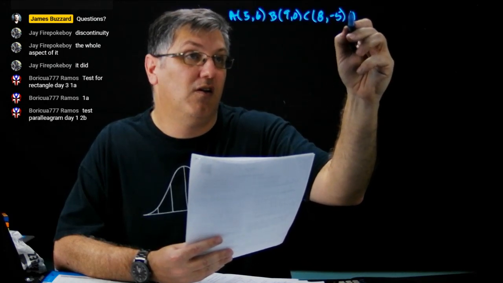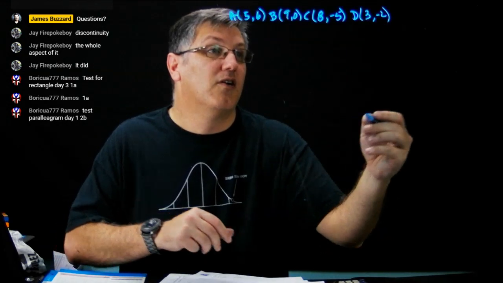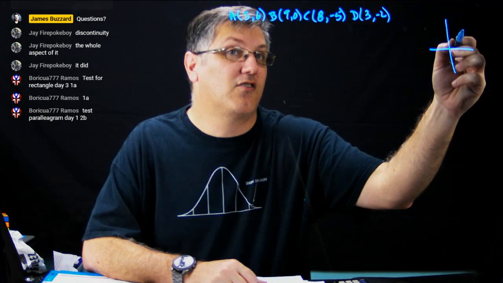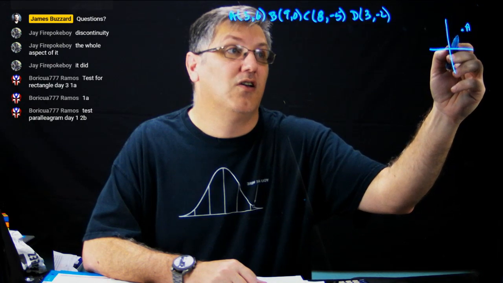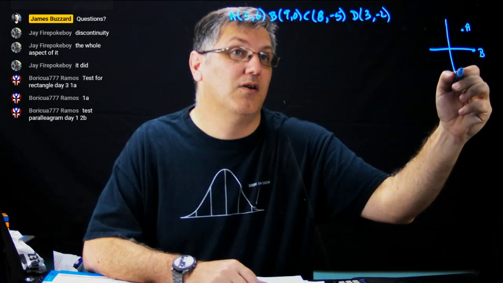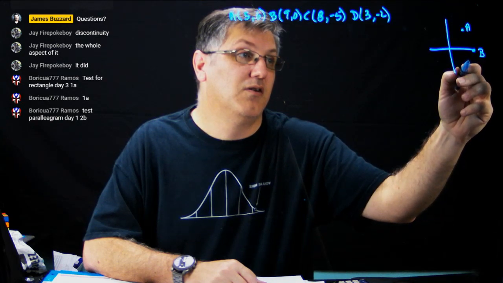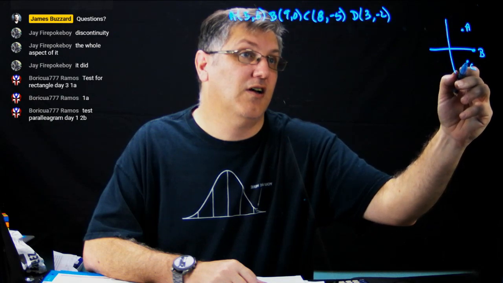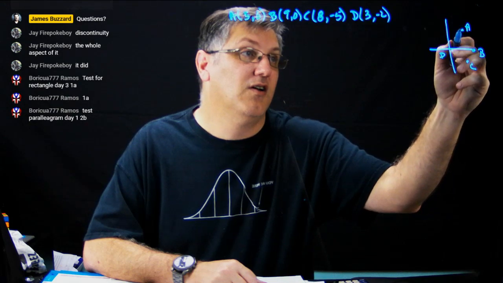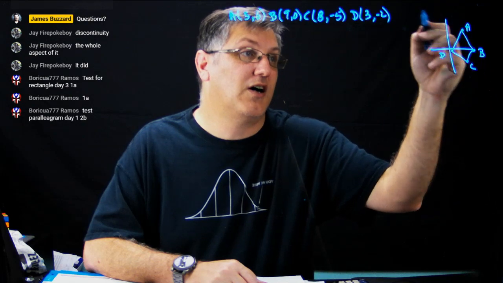And point D, which is 3, negative 2. All right, let's do a rough sketch of this graph. 5, 6, this is A. 9, 0, this is B. 8, negative 5, this is C, and then 3, negative 2, this is D. So it kind of looks like a parallelogram, but don't trust your eyes.